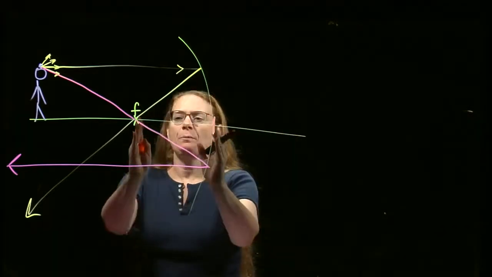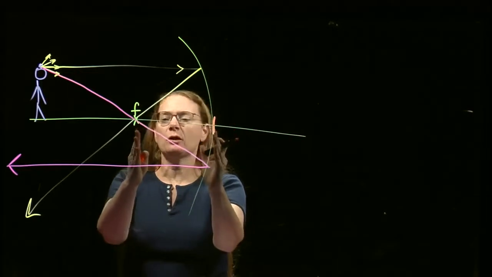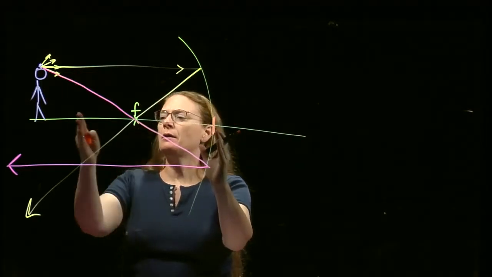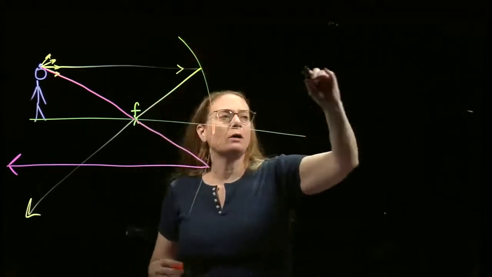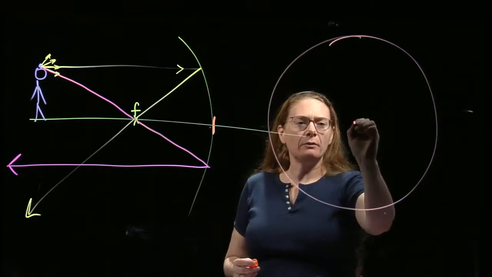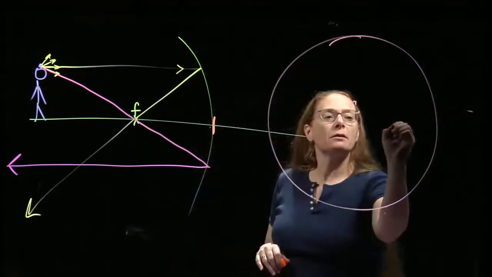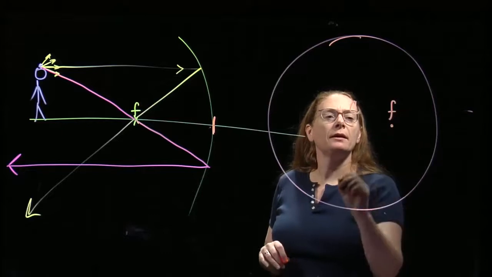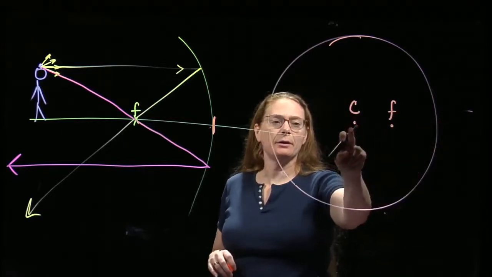And what I do is I use a really interesting relationship between the focal and what we call the center of curvature. If this were a full circle, then the center of the circle would be right there. It turns out that the focal length is exactly halfway between the outside and the center.